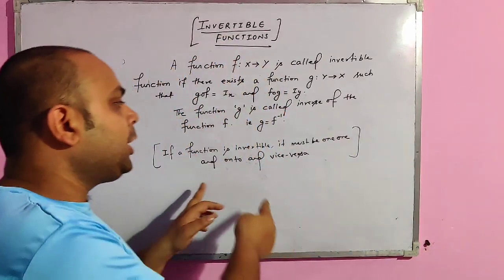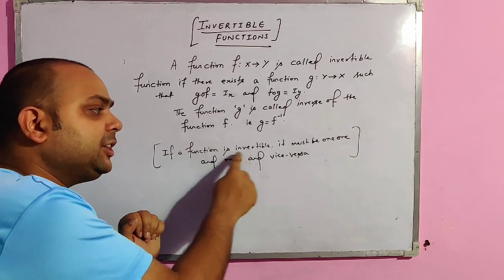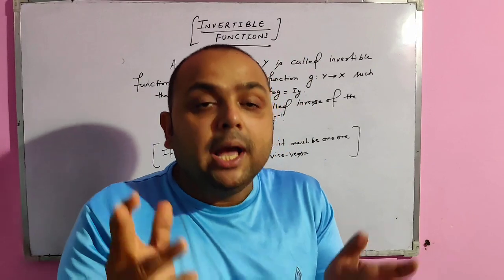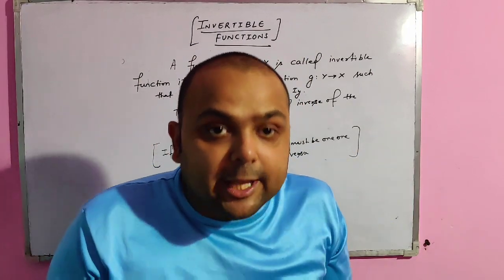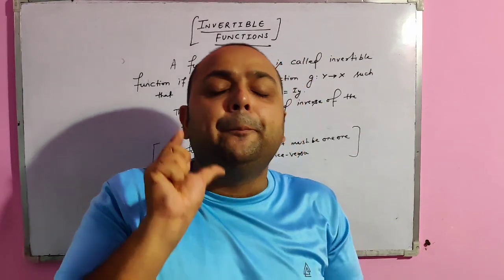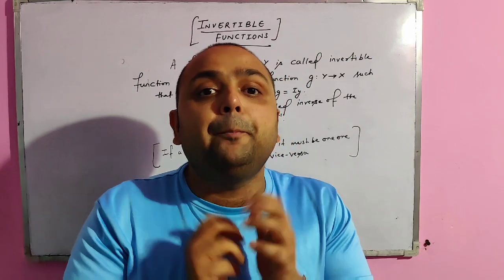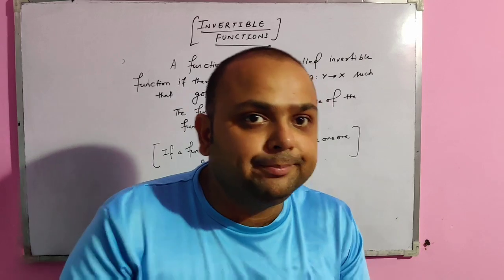This is an important note: if a function is invertible, it must satisfy the conditions of one-one and onto, and vice versa. Now I will help you understand composition of function and invertible function with the help of some problems. See the next video.